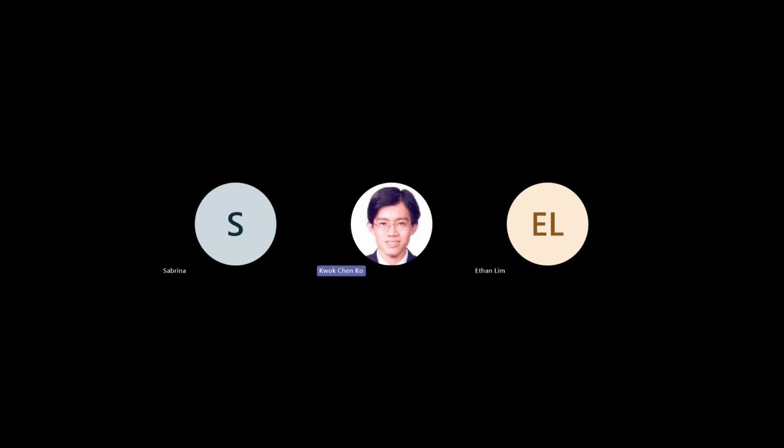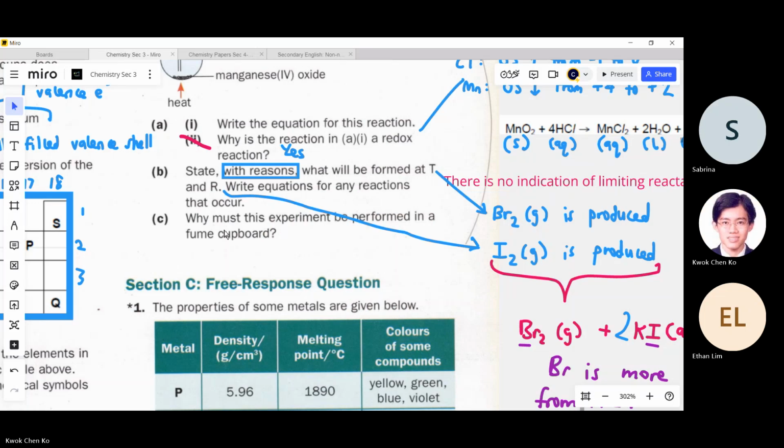Let me just share with you again. Okay, let's just finish off this one. Why is it carried out in the fume hood? Dylan? Bromine gas is toxic. Okay, not bad, not bad.